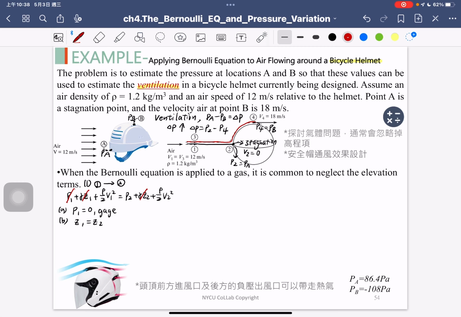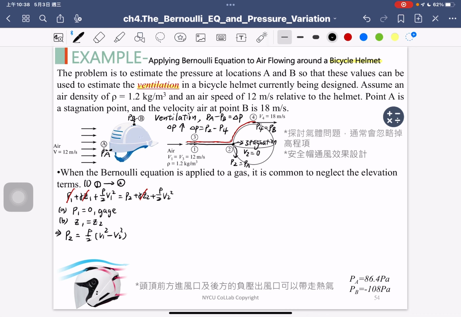Our purpose is to compute P2, and P2 will equal (1/2)ρ(V1² − V2²), right?